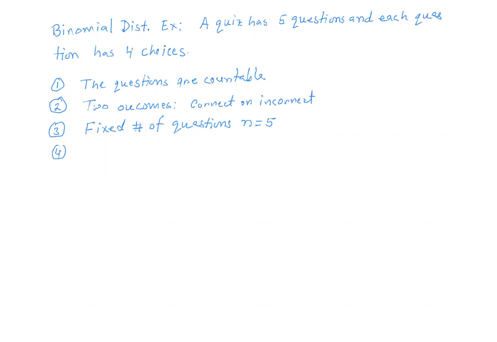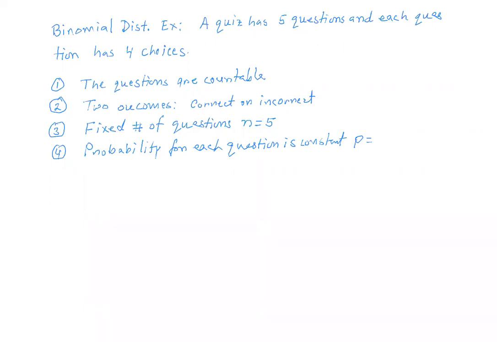Number 4, probability is constant for each question. In this case, let's call the probability P. For each question, there are 4 choices.